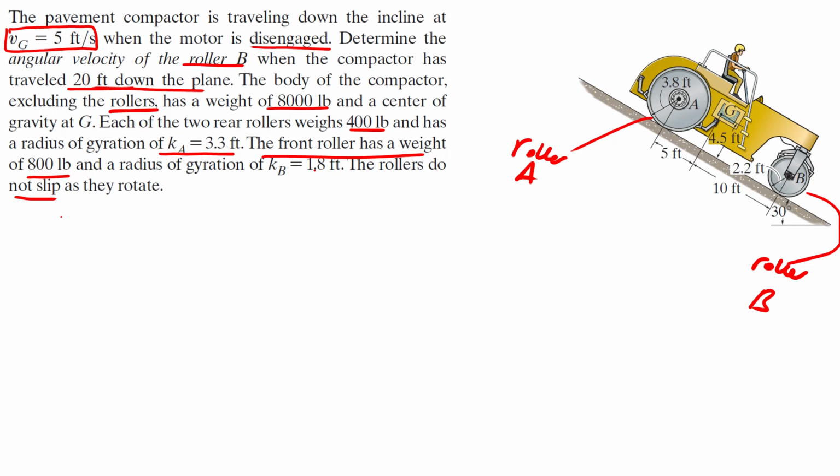Okay, so then we will have the kinetic energy at 1 plus the potential energy at 1 will be balanced by kinetic energy at 2 plus potential energy at 2. If we write the potential energy, it is much easier to solve first than the kinetic energy.